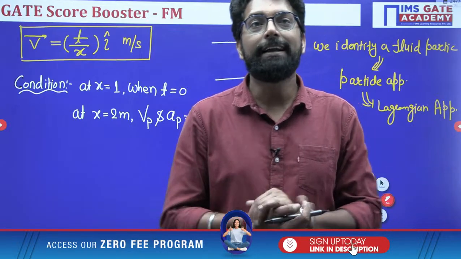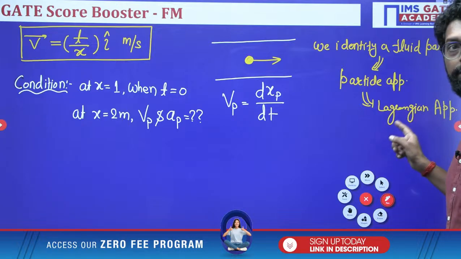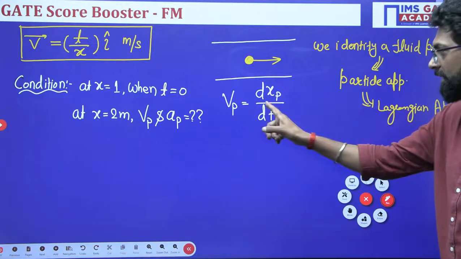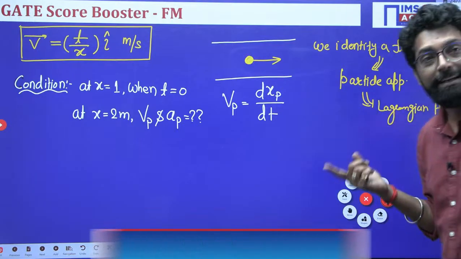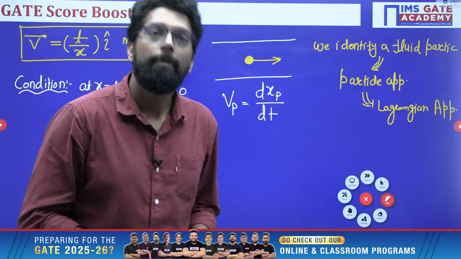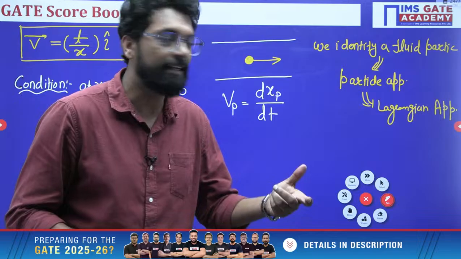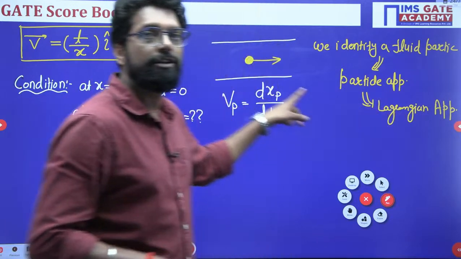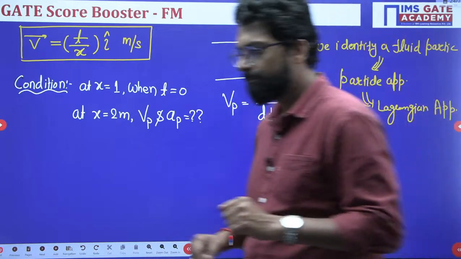If there is a particle, Lagrangian is always a total derivative, an ordinary derivative, both are the same. And Eulerian is a partial derivative. Control volume analysis we have to do with the partial derivative, ∂/∂x, ∂/∂y, ∂/∂z, like that. And the Lagrangian approach is a total or ordinary derivative. Keep this in mind.